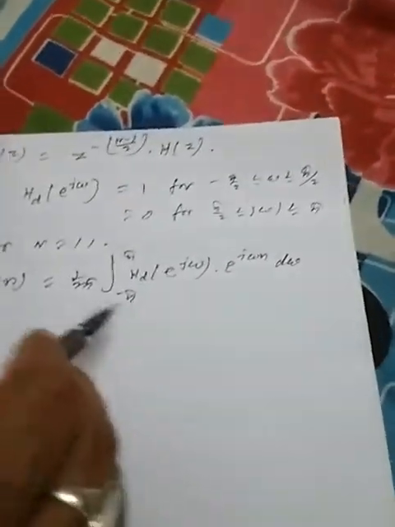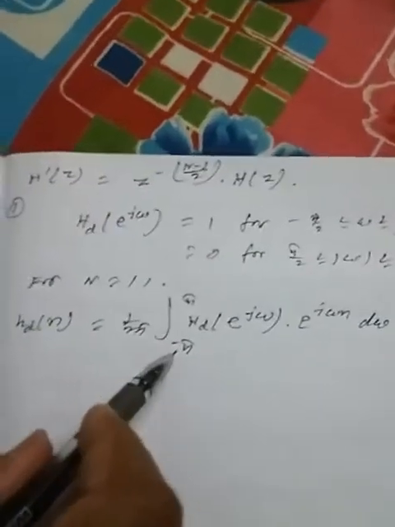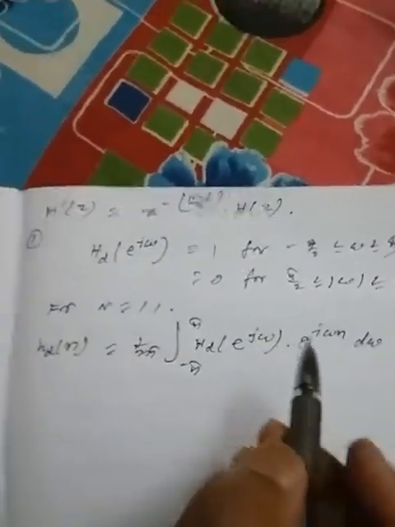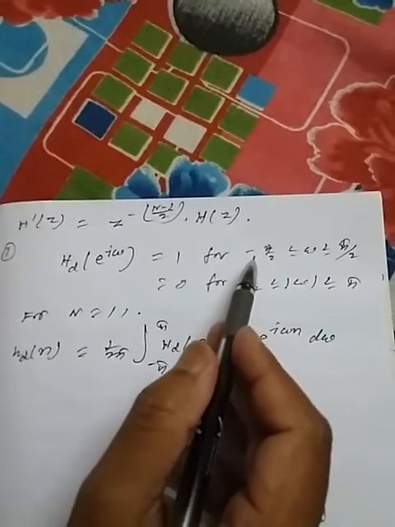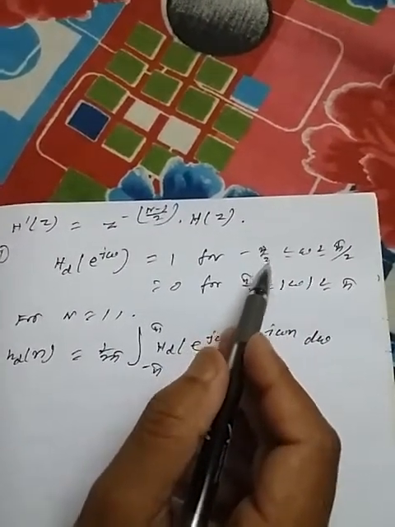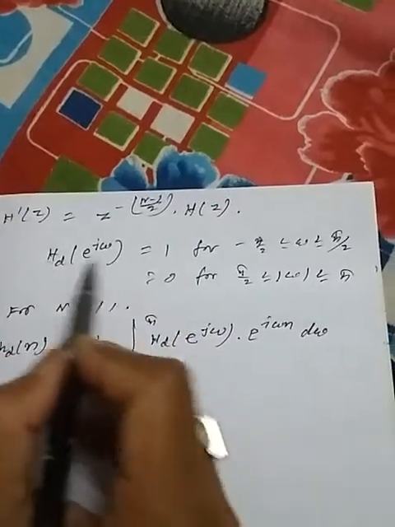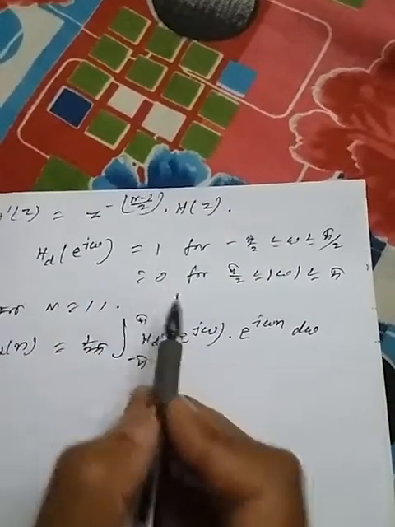Now here in this range -π to π, when the value of ω is from -π/2 to π/2, then the value of H_D(e^jω) equals 1, otherwise 0.